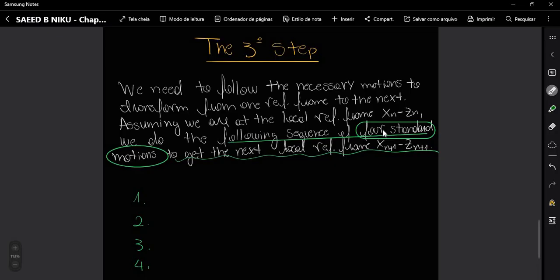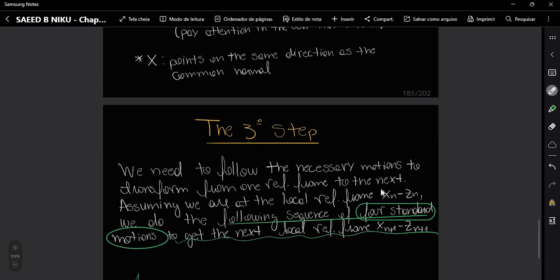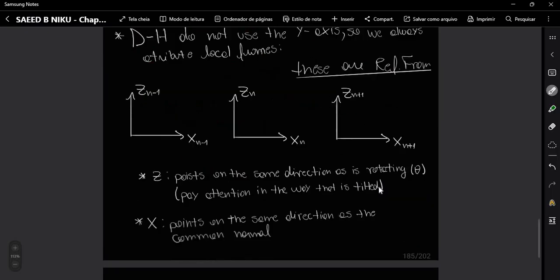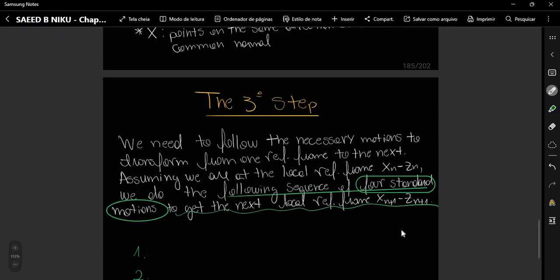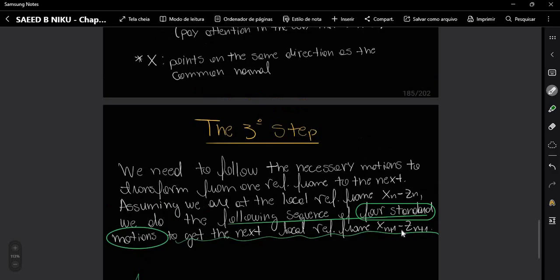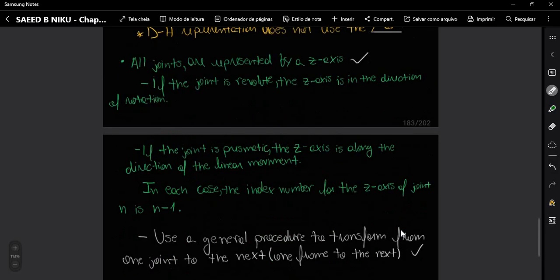And the third step, we need to follow the necessary motions to transform from one reference frame to the next, assuming we are at the local reference frame zn, xn. We do the following sequence of four standard motions to get the next local reference frame, xn plus 1, zn plus 1.